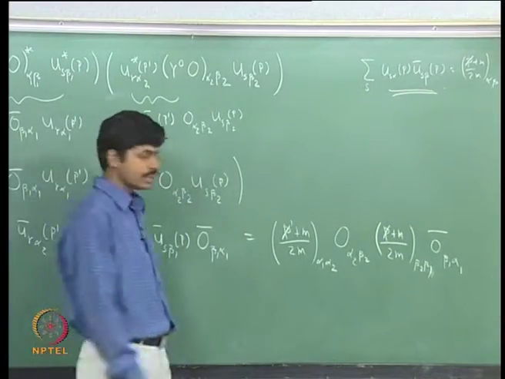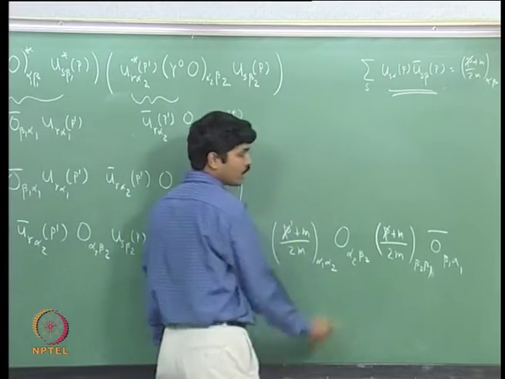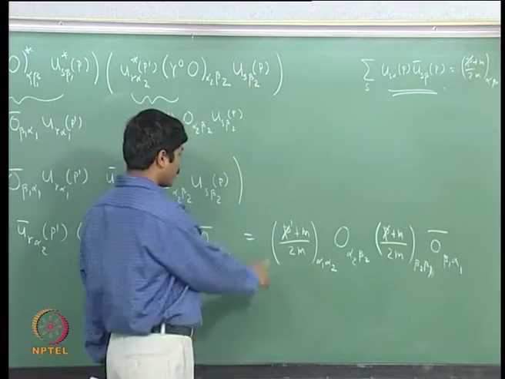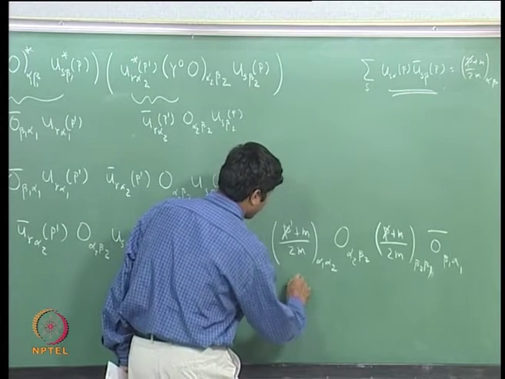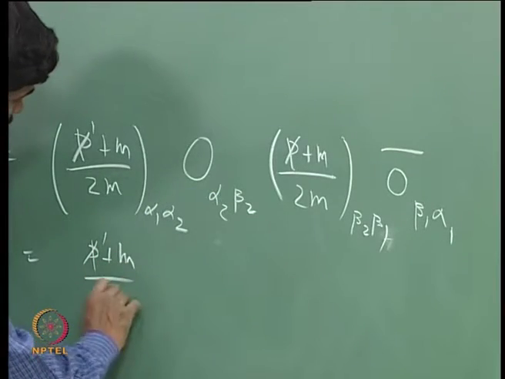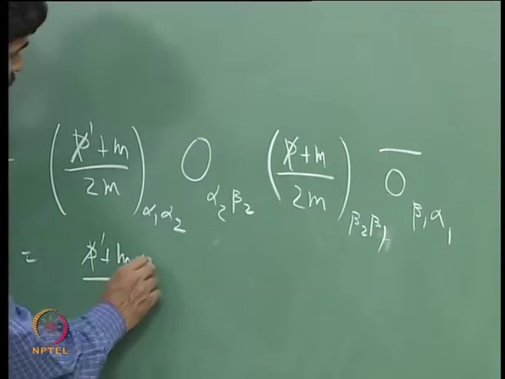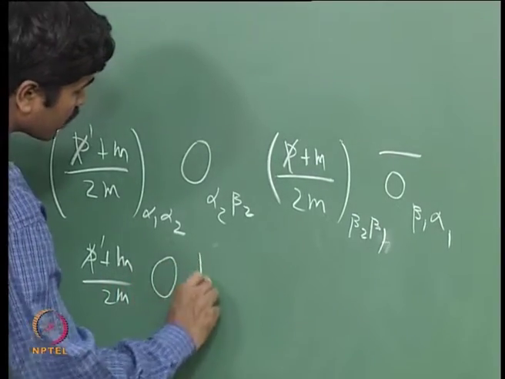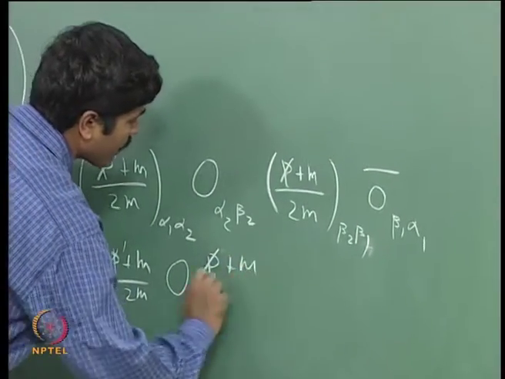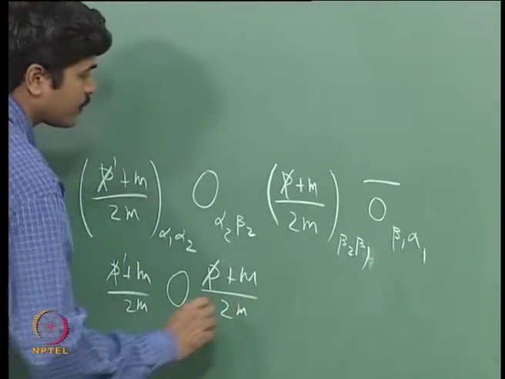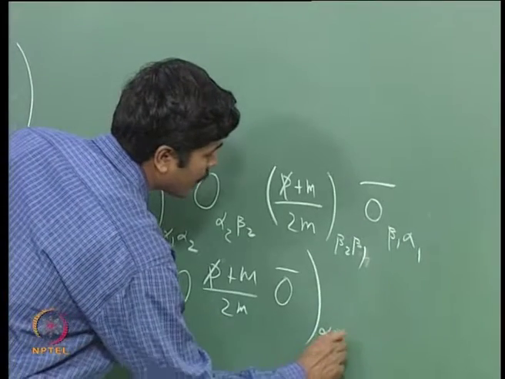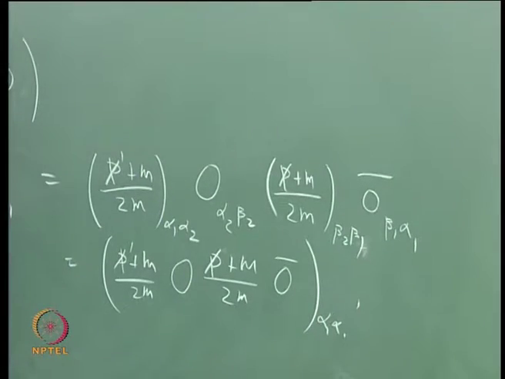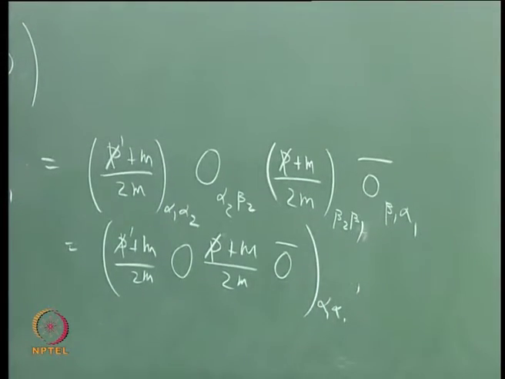Remember, these repeated indices are summed over, therefore, what you get here is nothing but p prime slash plus m divided by 2m, O, p slash plus m over 2m, O bar, the alpha 1 component of that, and it is summed over alpha 1.